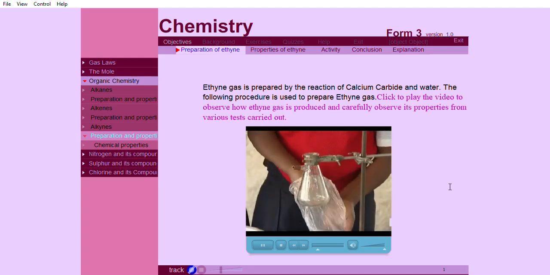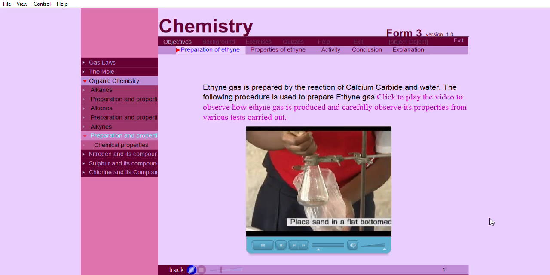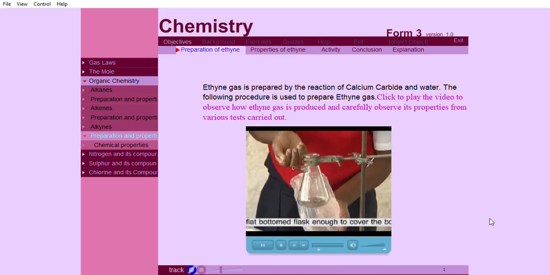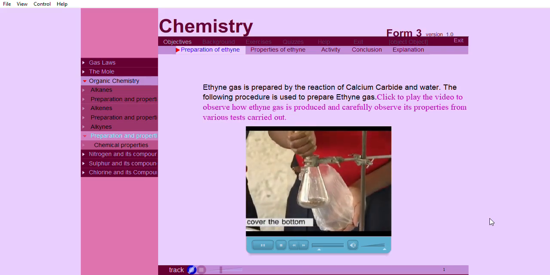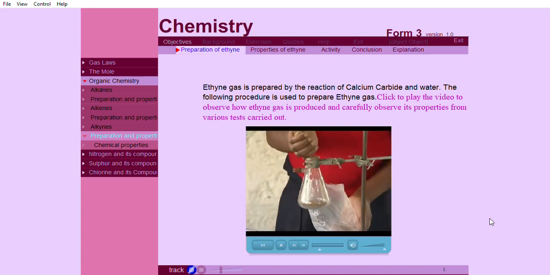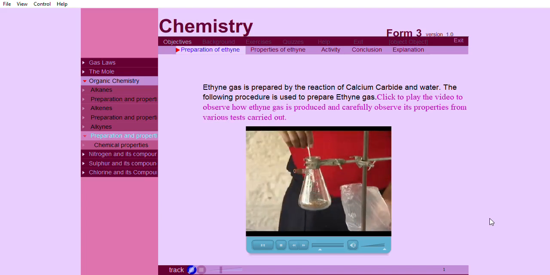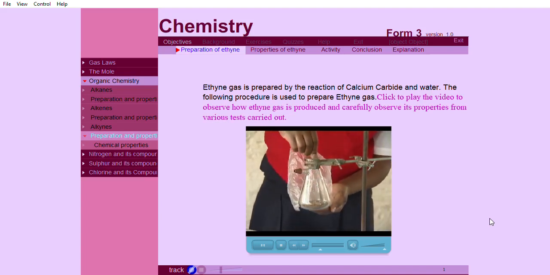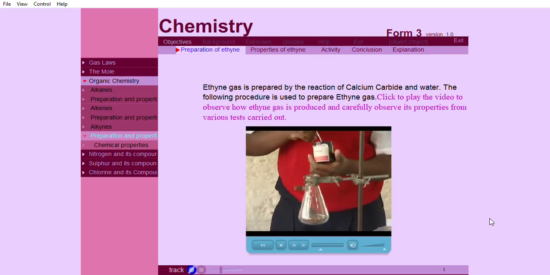Place sand in a flat-bottomed flask, enough to cover the bottom. Place a few pieces of calcium carbide on the sand.